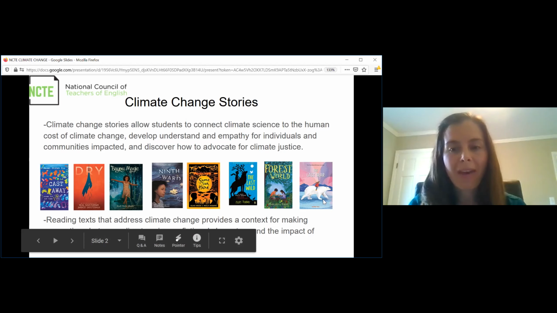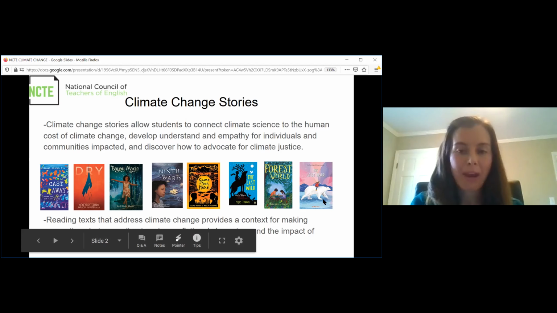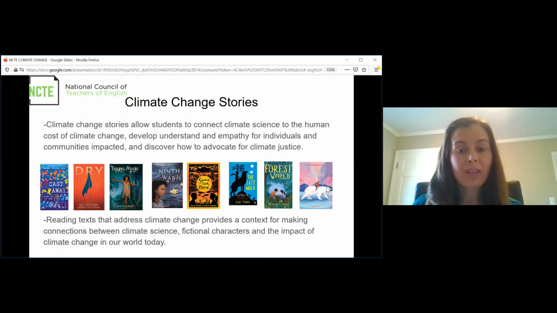I want to take a moment and highlight this book, The Last Bear. It is phenomenal. It is not out yet. It comes out in January, but I had the opportunity to read an advanced copy. I highly recommend you pre-ordering it. It deals with real issues of climate change, but it is also a really fun story of friendship between a girl and a polar bear.